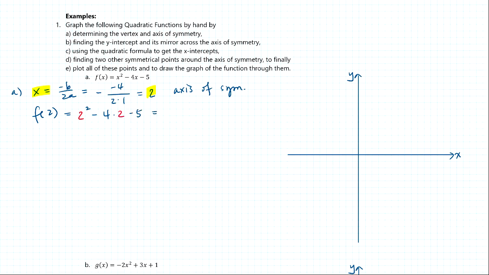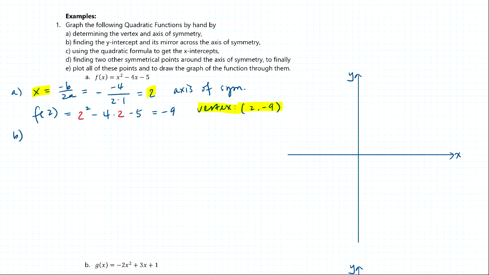Altogether, we would get 4 minus 8, which is negative 4, minus 5 will be negative 9. Therefore, we know the vertex in this case is the point (2, -9). That's how we find the vertex. And once we have this information, we can move on to part B.